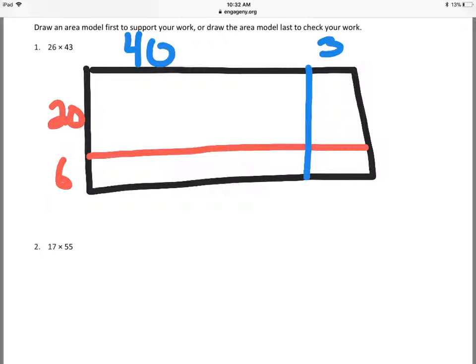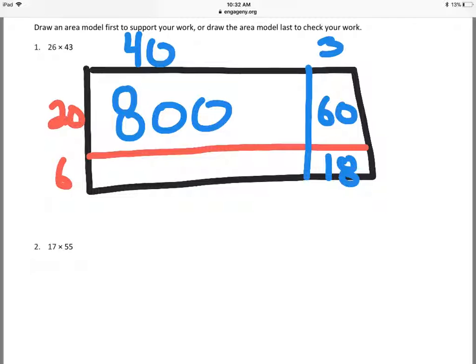So 3 times 6 is 18. 3 times 20 is 60. And then 40 times 20 is 800.